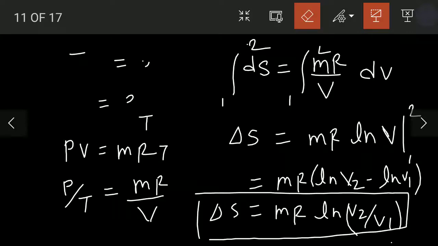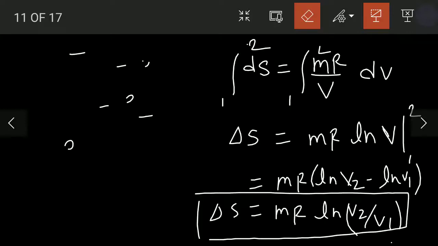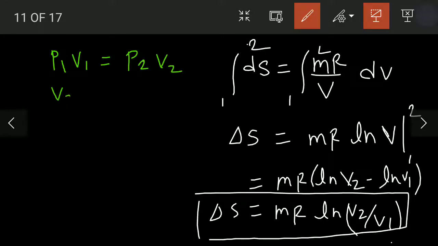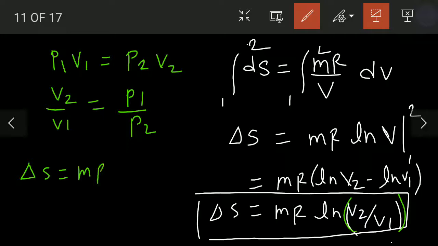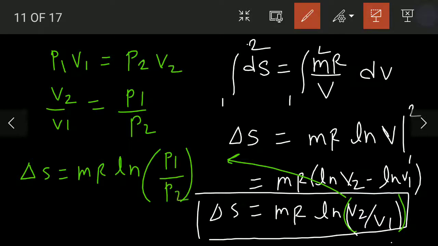Again, from the ideal gas equation for an isothermal process, we can write P1 V1 is equal to P2 V2. So V2 by V1 is equal to P1 by P2.